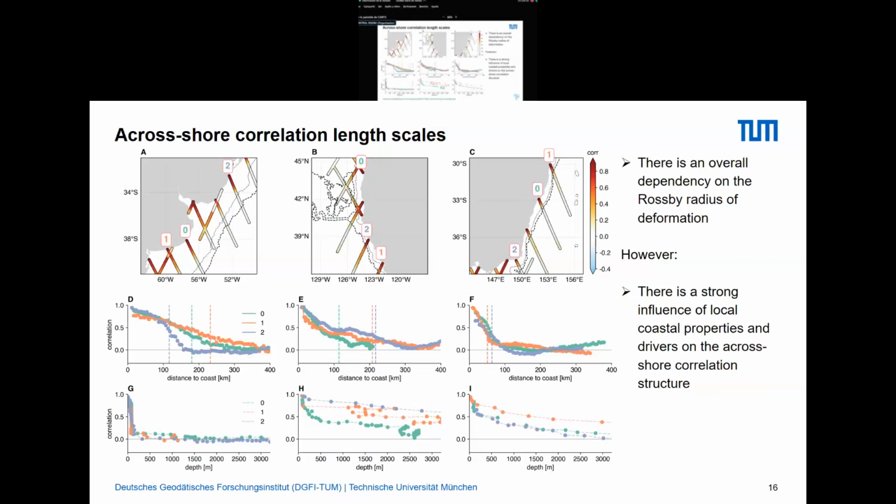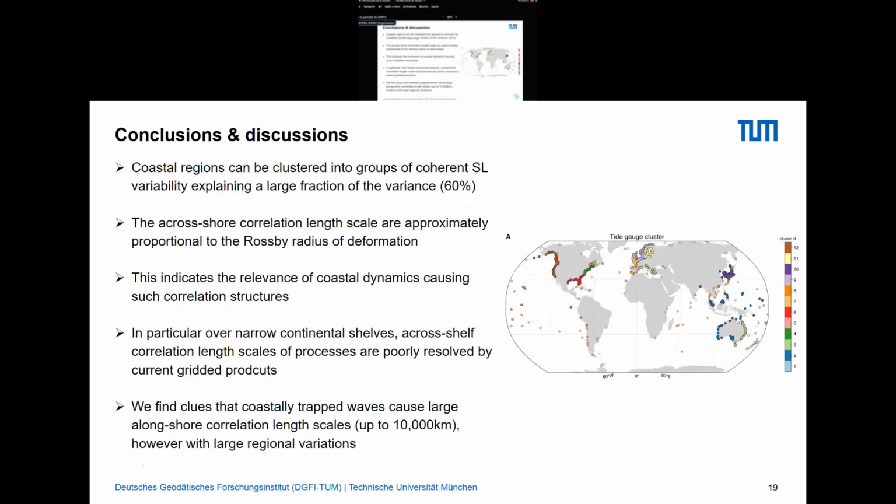It's not a universal relationship, so stratification or other local characteristics might be very important as well. And overall, of course, gridded products cannot resolve these across-shore correlation length scales, so maybe that's also a motivation for new gridding strategies. And with this, I'd like to close this talk, and I hope you have a lot of ideas and comments. Thank you.